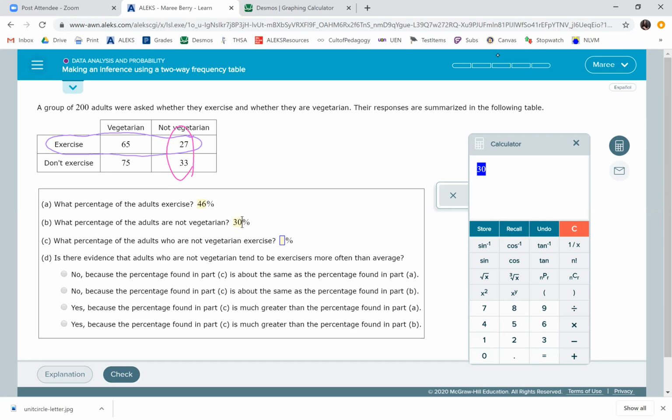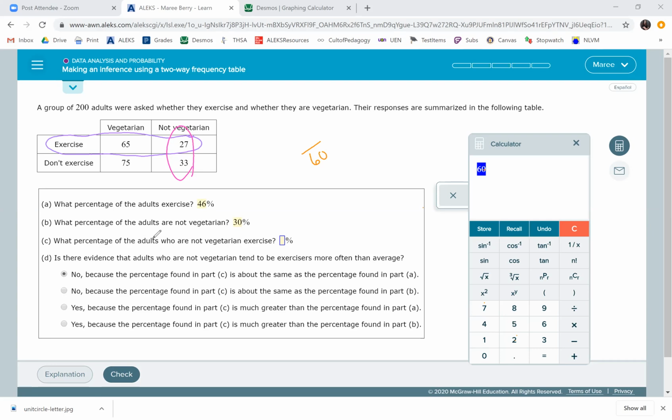What percentage of adults who are not vegetarian exercise? So we're going to look at just the 27 and 33 for our total. So 27 plus 33, our total is 60.